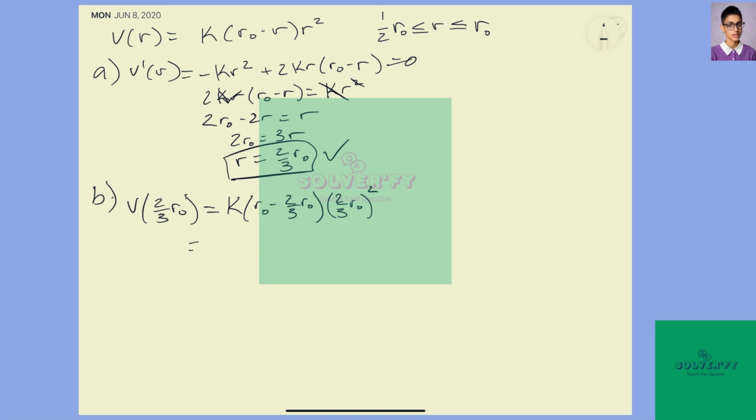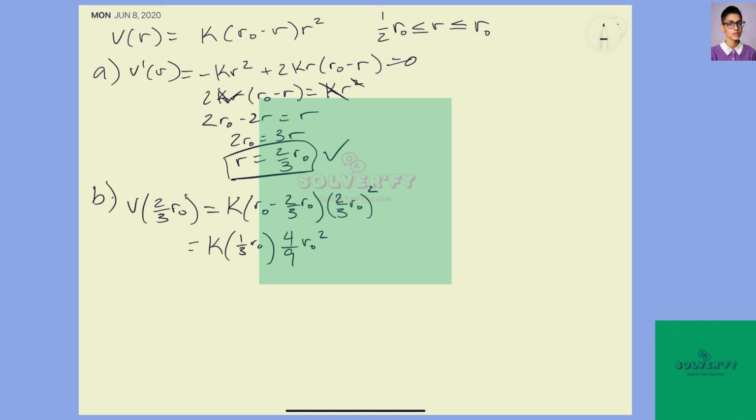That's going to be equal to k times, r0 minus 2/3 r0 is going to be 1/3 r0, times 4/9 r0 squared.